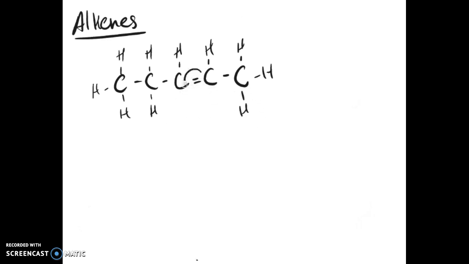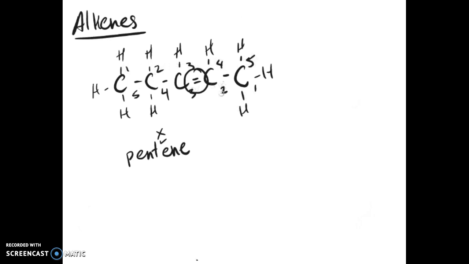Now, there's only 1 double bond, and there are 1, 2, 3, 4, 5 carbons, which means it is a pentene molecule. Since there's only 1, you don't have to add anything in here, but you will need to add a position number. Basically the way you do position numbers is you number the carbons from one end to the other end, and see which one gives you the smallest number.